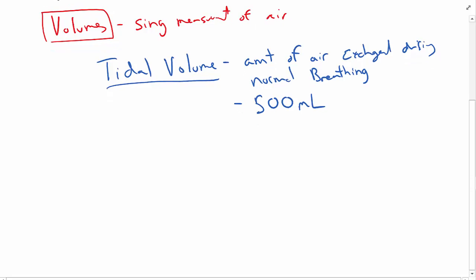There are other types of volume. If we were to look at two other ones, there is what's called inspiratory reserve volume. This is the amount of air that you're able to inhale above tidal volume.